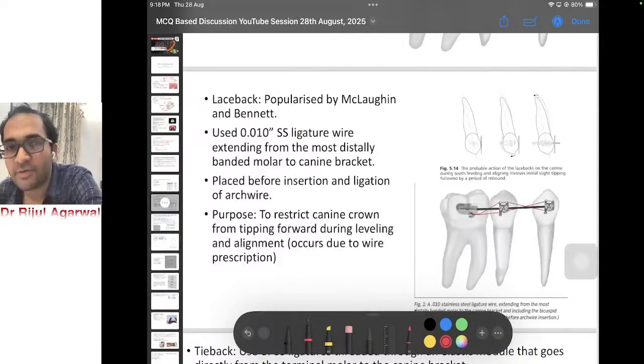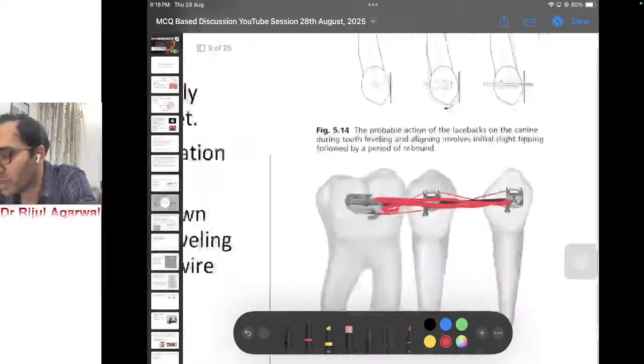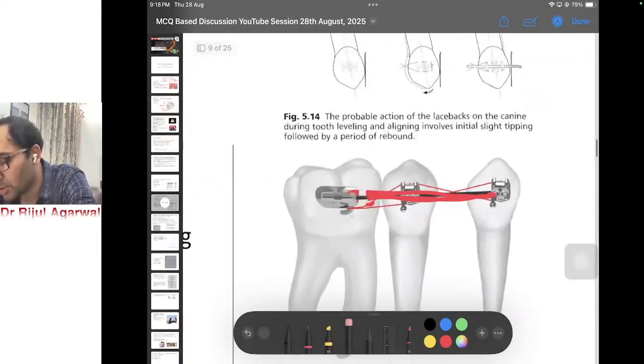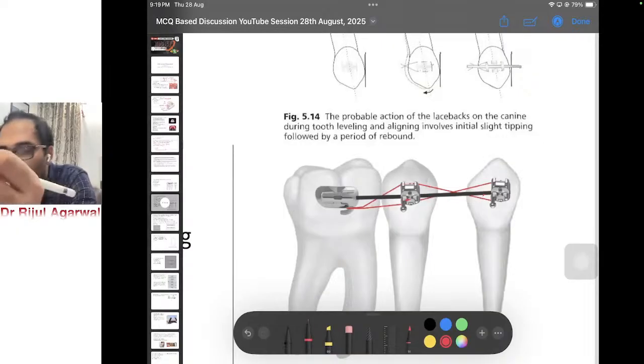So how will you identify whether it's lace back or figure of 8 ligation? If the ligature wire is below the arch wire, like in this question image, it's a lace back.